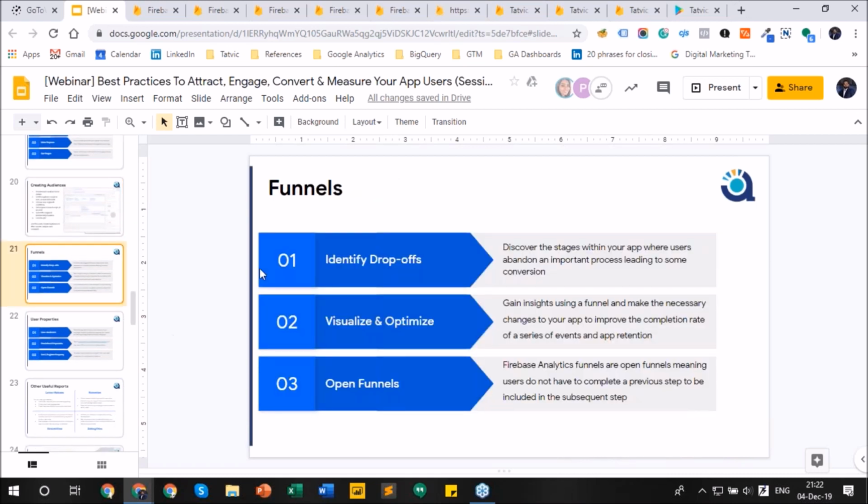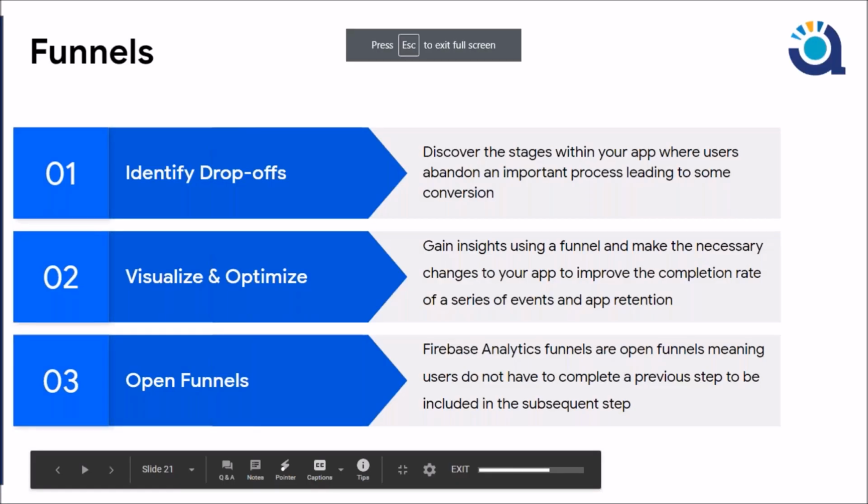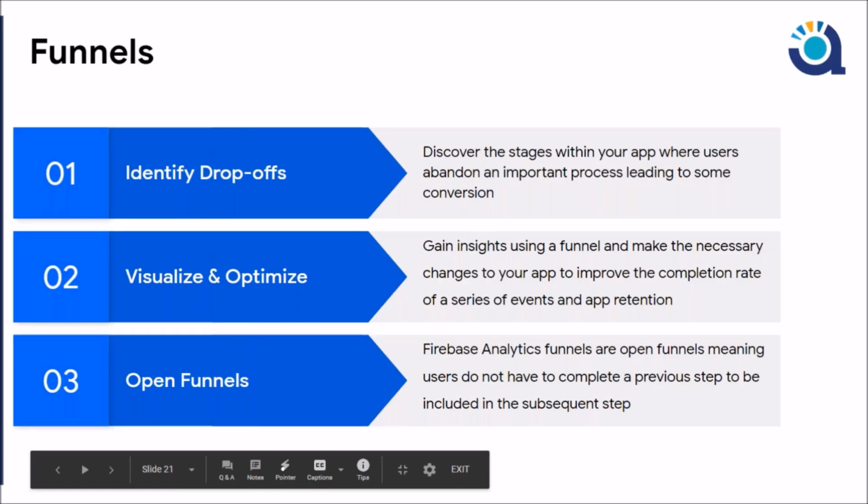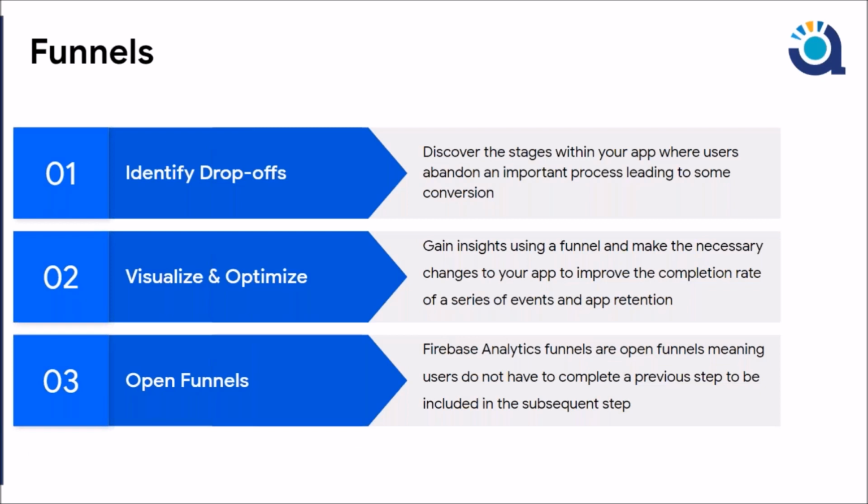So funnels, as we all know, are majorly used to identify drop-offs in certain sequences of user events that I want to understand if they're following this particular user event or not. Let's say I were to identify that people are completing gaming levels 1, 2, 3, 4, 5, and 6, I can have them as different steps in my funnel.